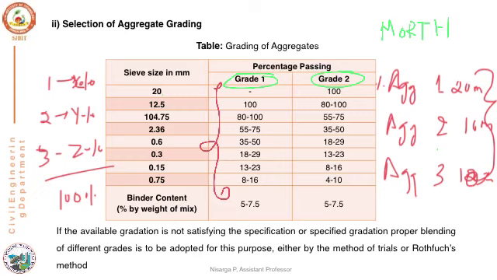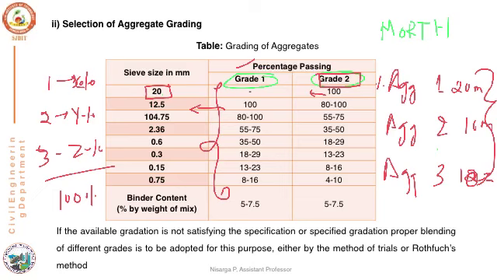The other two graphical methods are already discussed. Now for gradation, let us say I'm comparing with grade 1. For grade 1, 100% passing corresponds to 12.5 mm on the grade which we are choosing. Let us say we are doing it for grade 2. In grade 2, the 100% passing corresponds to 20 mm.